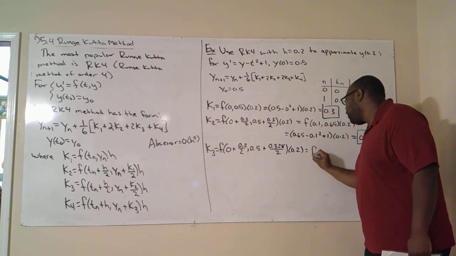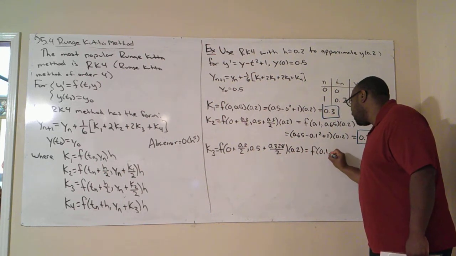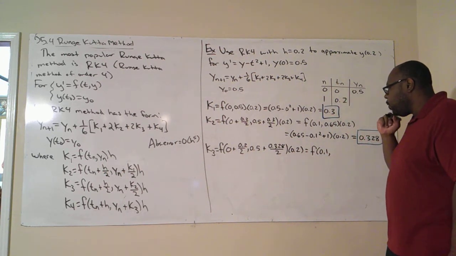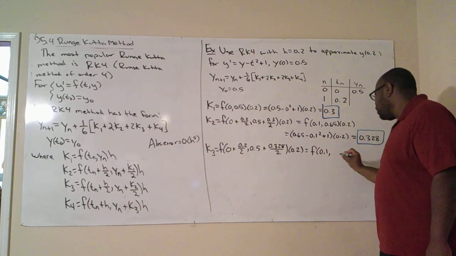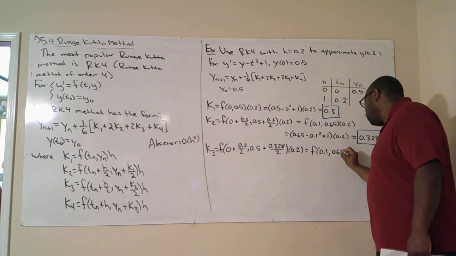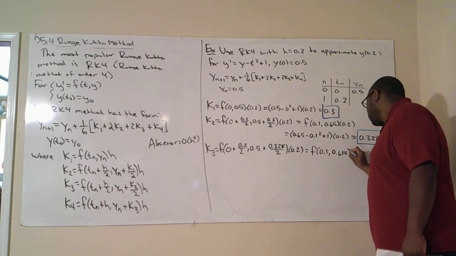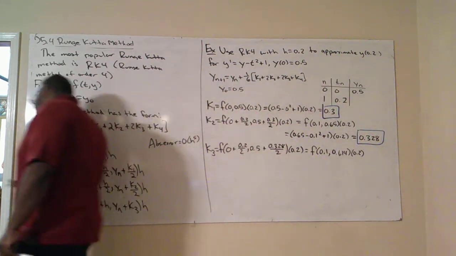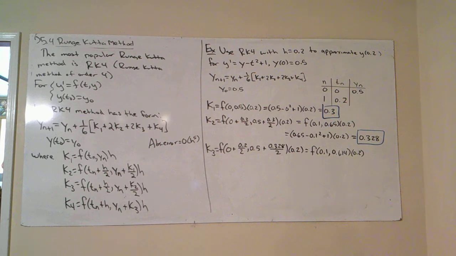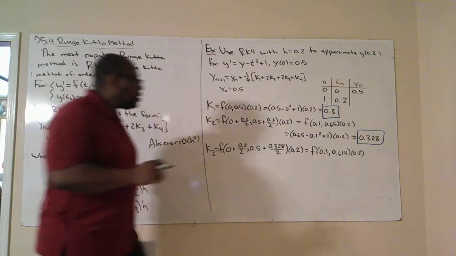So we get f of 0.1, comma 0.664, I think 0.664, times 0.2. Check that. 0.664.